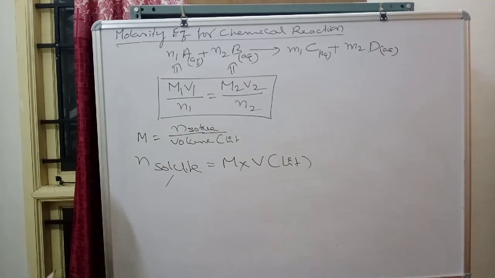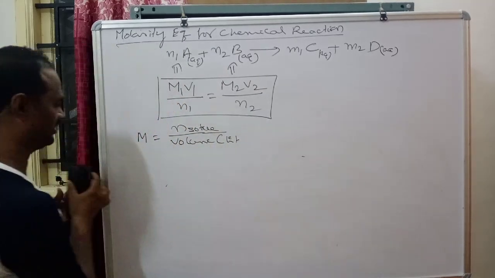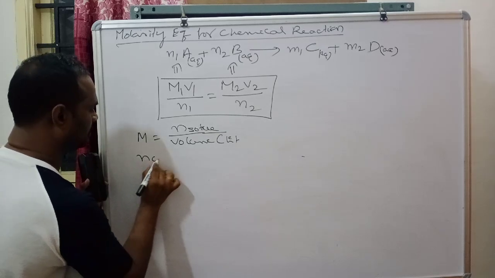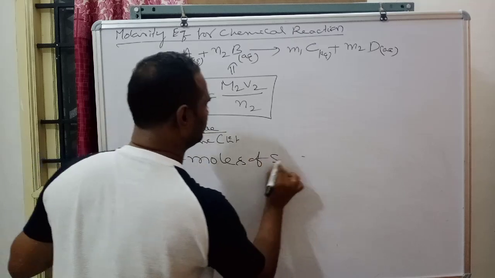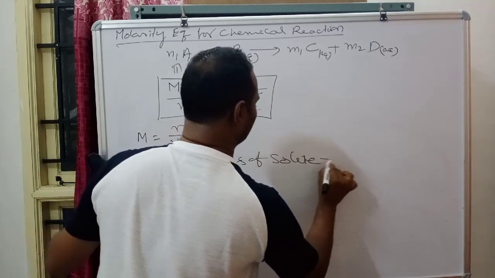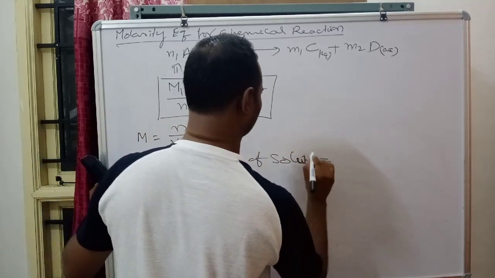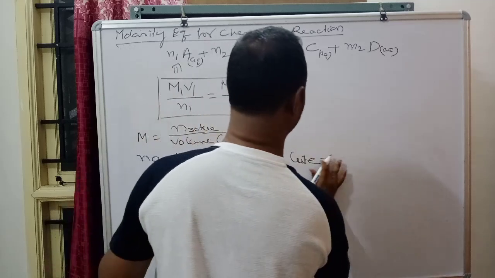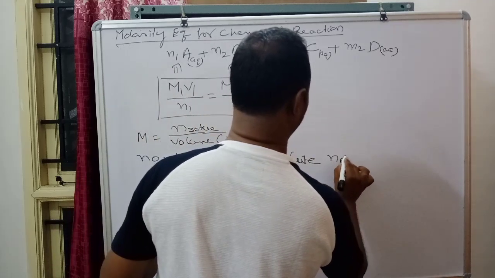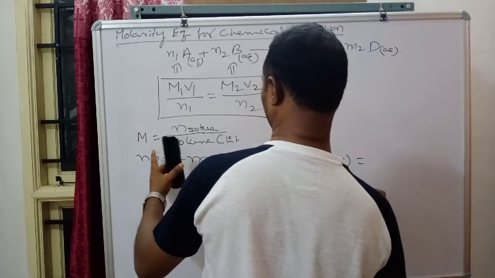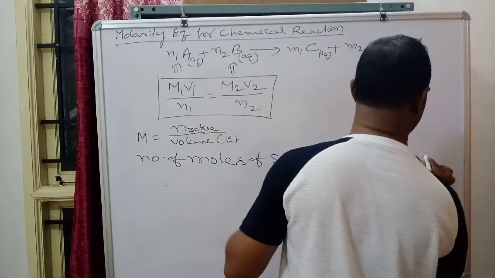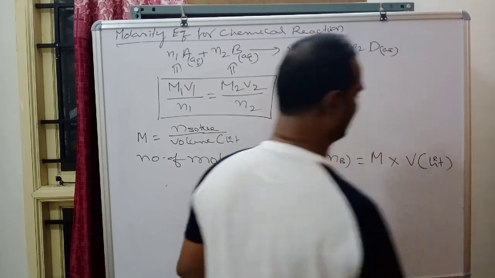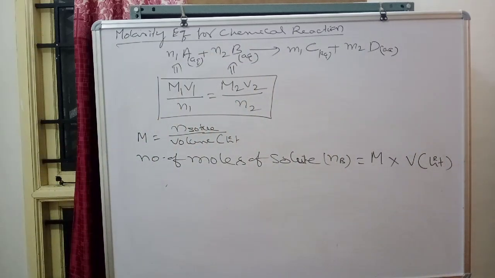We can write this statement-wise: number of moles of solute, that is n, equals capital M, molarity of solution, into volume of solution in liters.